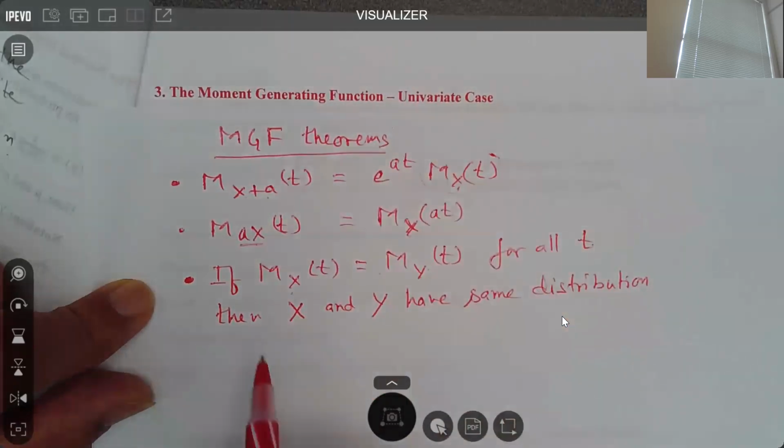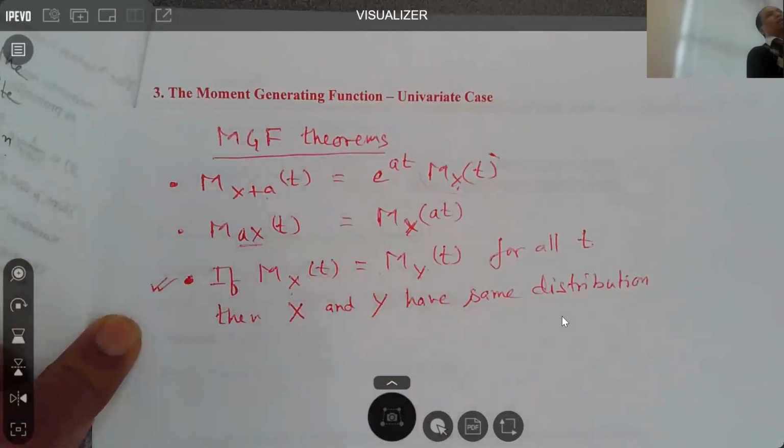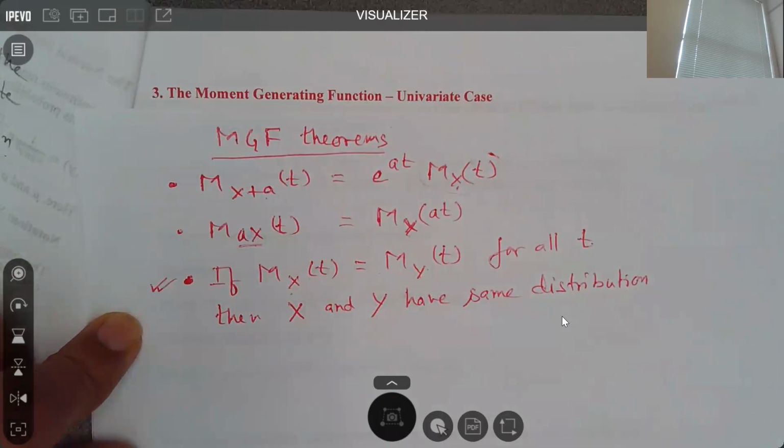Okay. So if moment generating functions are equal, then their density functions are also the same. And this is the theorem we will be using if we have a new random variable and we want to find what its distribution is.